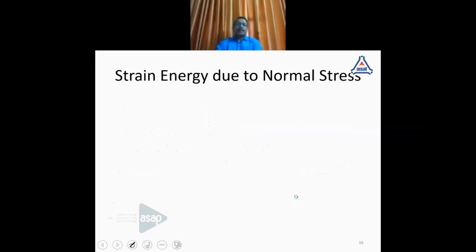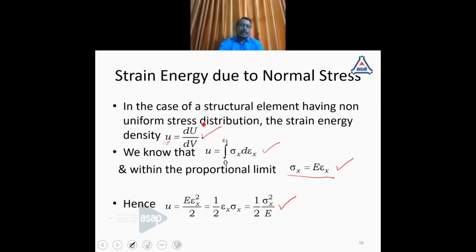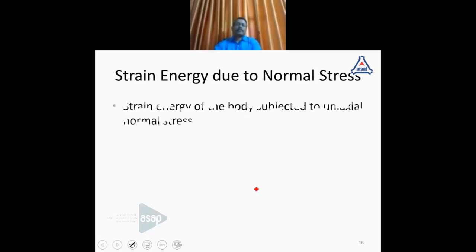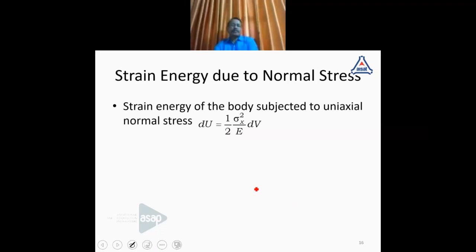Now, this can be used in this expression, du by dv. That expression and this one can be combined to write like this. Du is equal to s into dv.